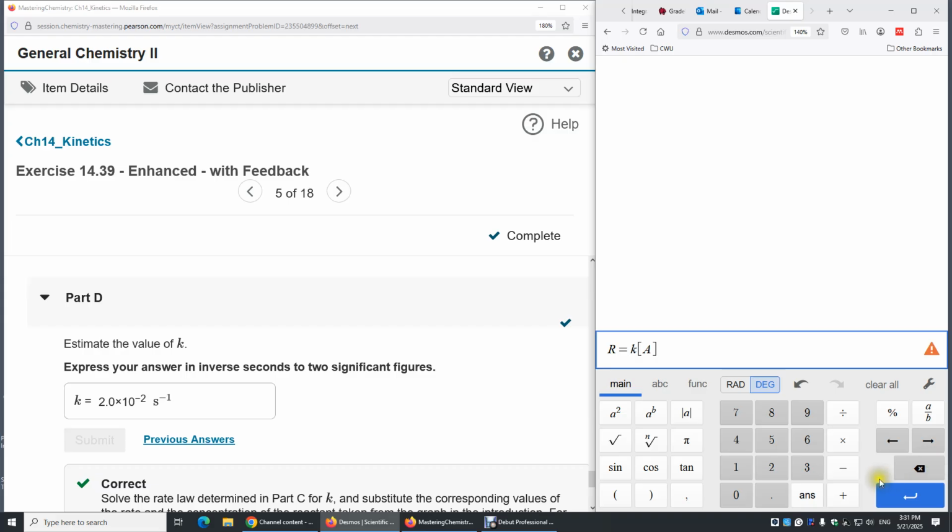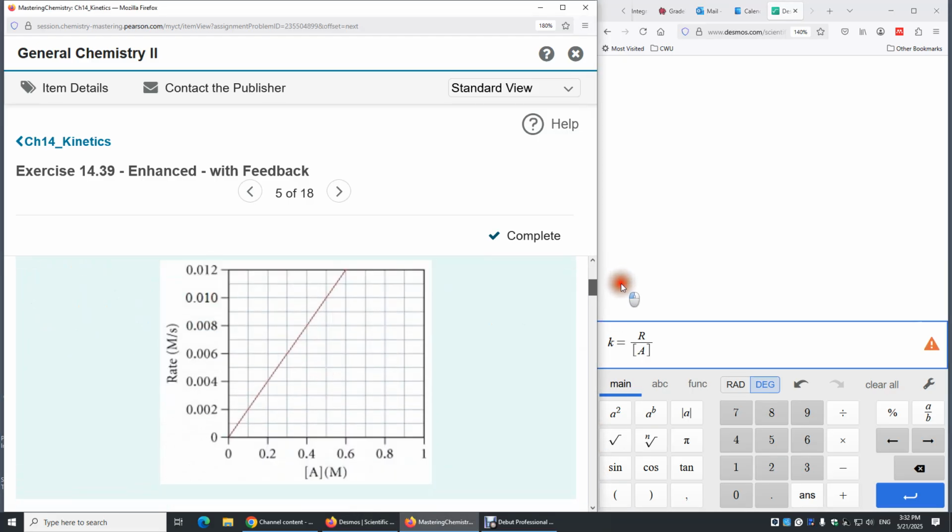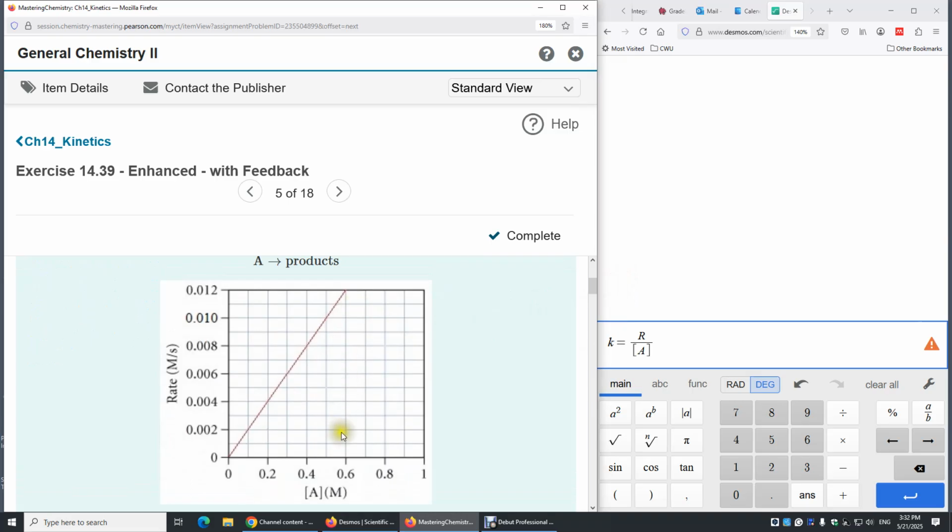And the value of k is R divided by the concentration of A, and we had this graph. When A is 0.6, R is 0.012.